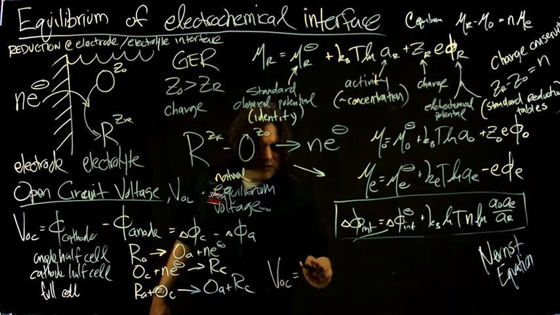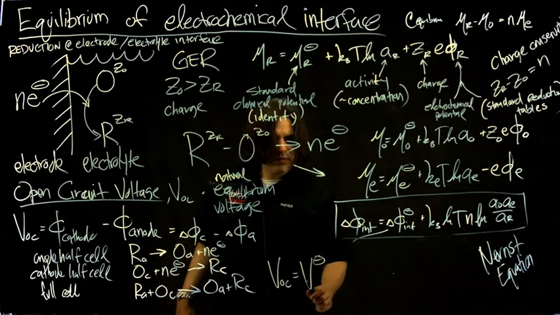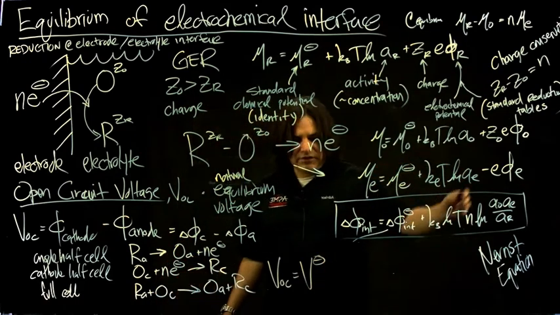So if you apply the Nernst equation, it'll be the voltage just due to the electrochemical part.